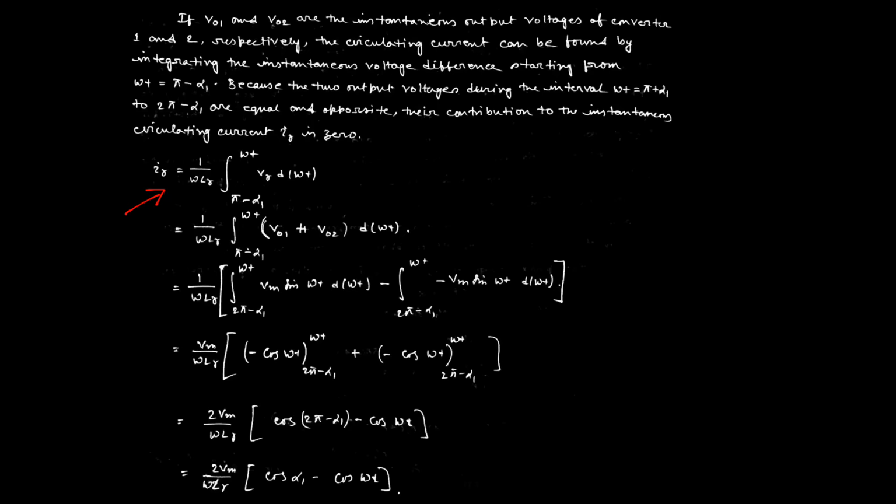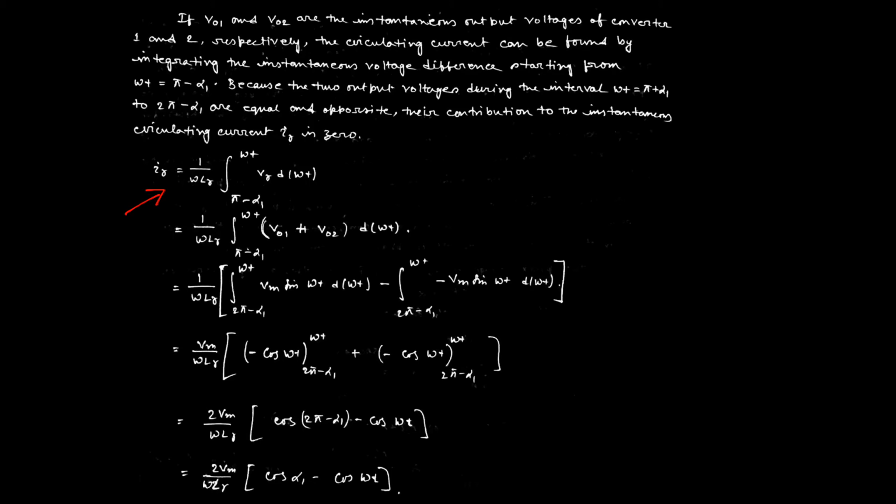That is why we can express the term as 1 by omega LR, integration from pi minus alpha 1, just as I discussed before, it starts from this point, pi minus alpha 1 to omega t, vR d omega t. That is the instantaneous voltage difference. That is nothing but vO1 minus of minus vO2, that means vR equal to vO1 plus vO2.